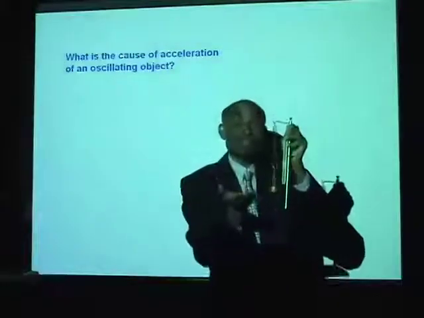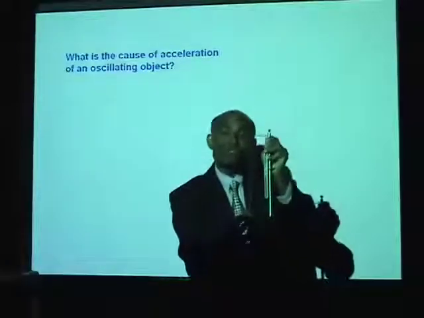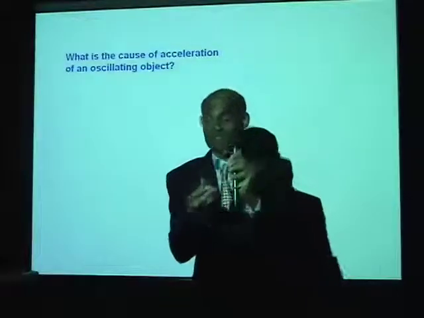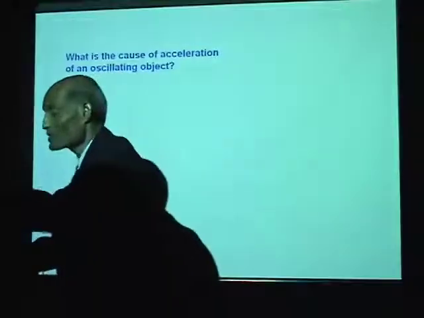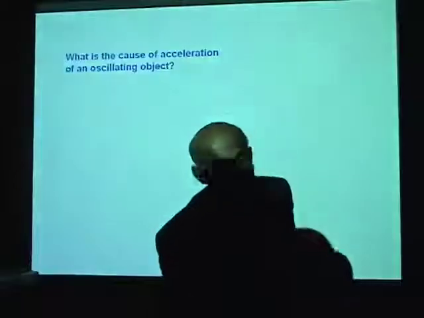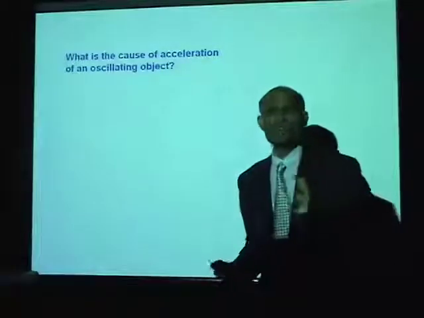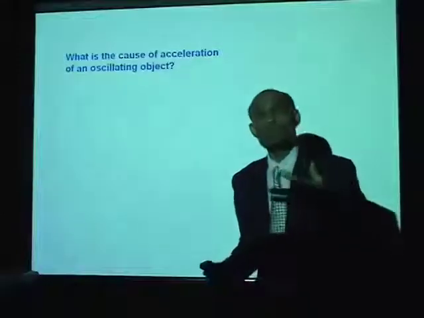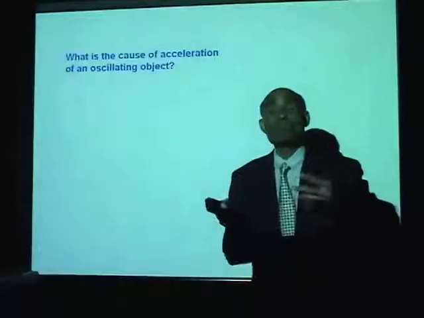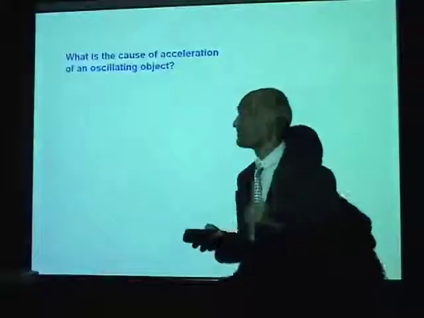It is the force applied by the spring on the object which results in the acceleration. Is that right? So the cause of the acceleration is the force applied on the object by the spring, and we call it the restoring force. What's the restoring force? A force applied by the spring to restore the original position.